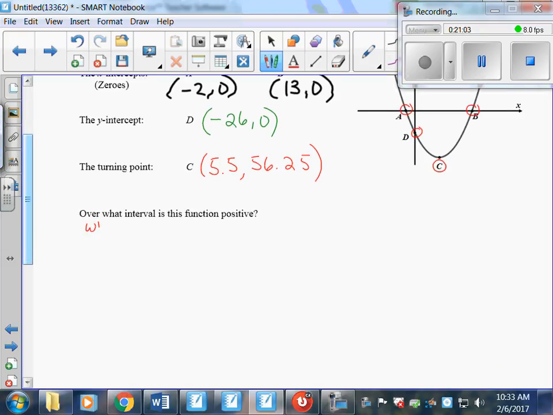Basically what this means is what x values yield positive y values. Flipping that question sometimes helps. So if we take a look at this, we know that x has to be less than -2 or x has to be greater than positive 13.